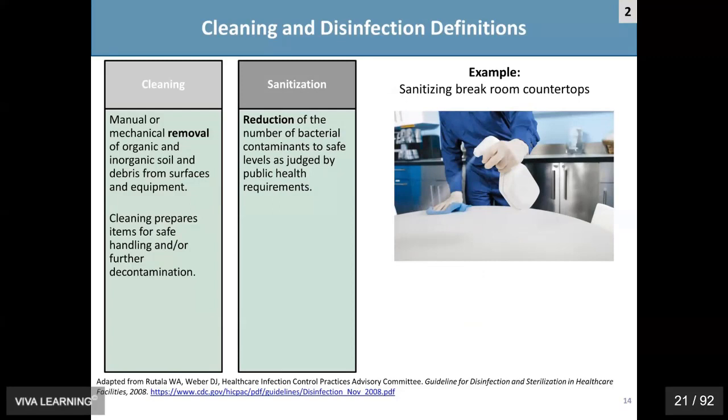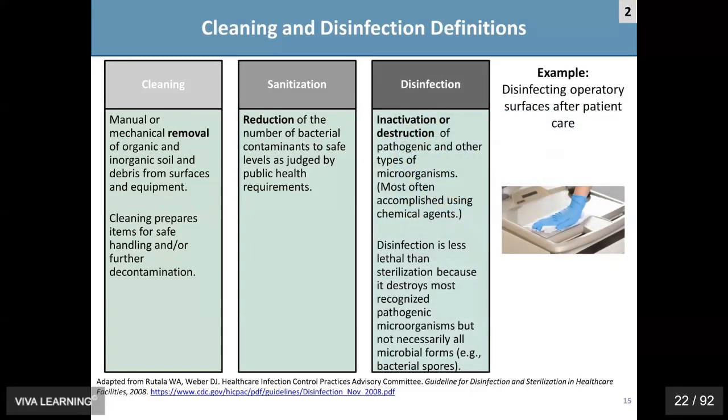So that's cleaning. Sanitization, that's not killing of everything. That's just reduction in the number of bacteria on the surface, like sanitizing break room countertops. There's no need to use in a break room or the front desk countertop your intermediate level disinfectant, but you at least need to reduce the number of bacteria on some of those commonly touched surfaces.